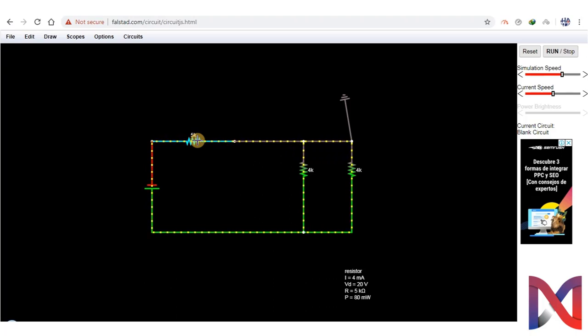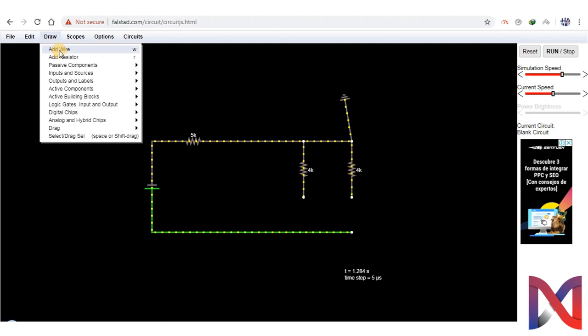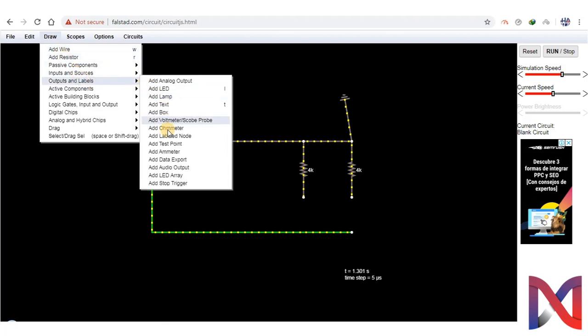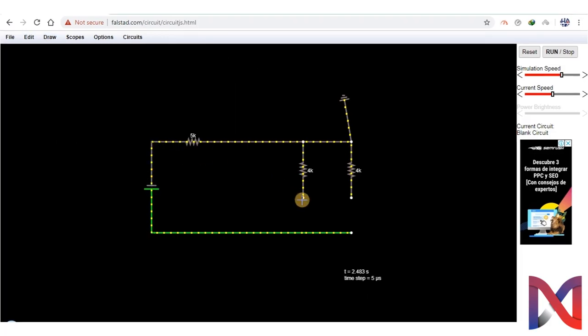Now the same circuit can be implemented with the help of ammeters as well, as we already saw in our previous circuit. So for that we will delete these two wires so that we are able to place our ammeter here. We go to draw, outputs and labels, and place an ammeter here and here as well.